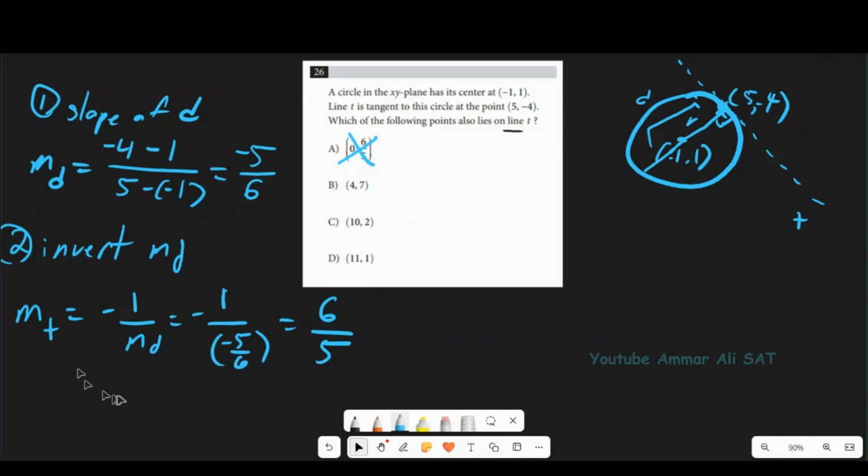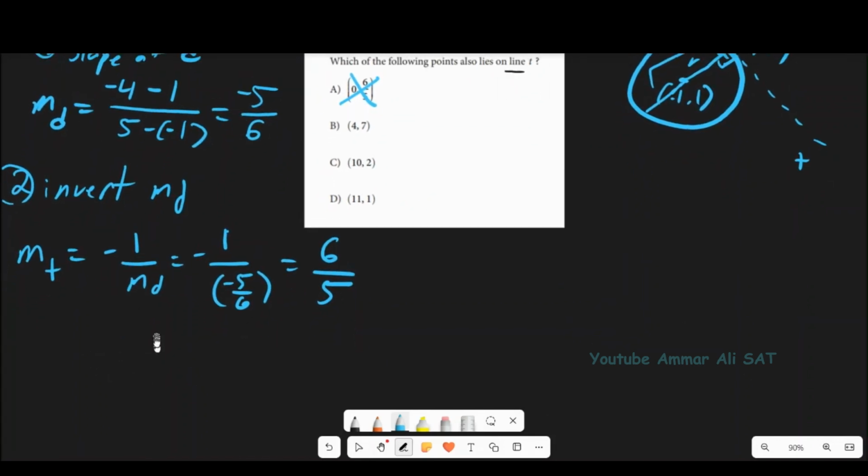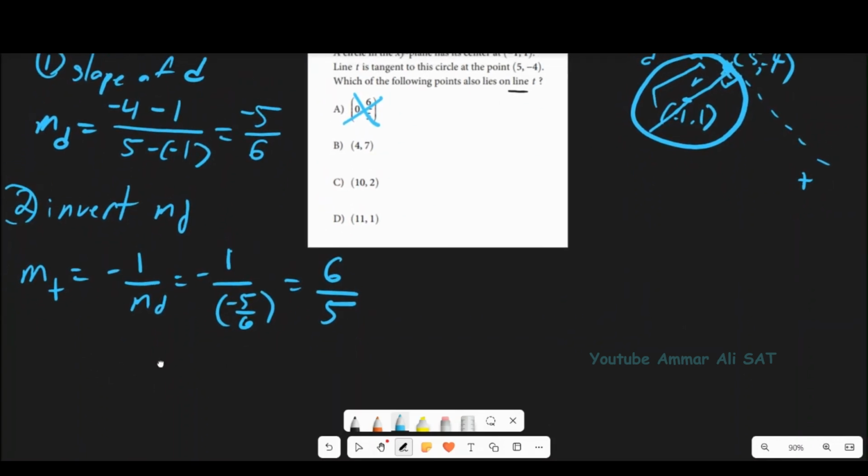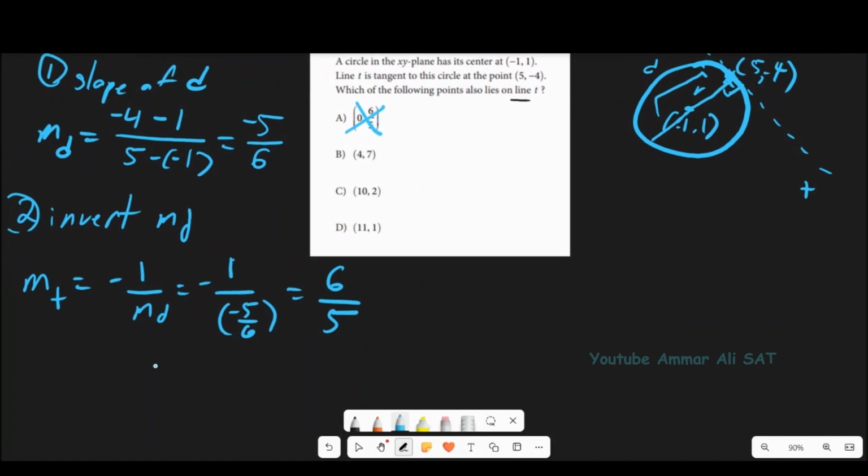So I'm just going to kind of brute force this a little bit. There might be a better way. If you know a better way, let me know in the comments. But basically, what I'm going to do is find the slope between 5, 4, and these other options, and see which one will equal 6/5, right?